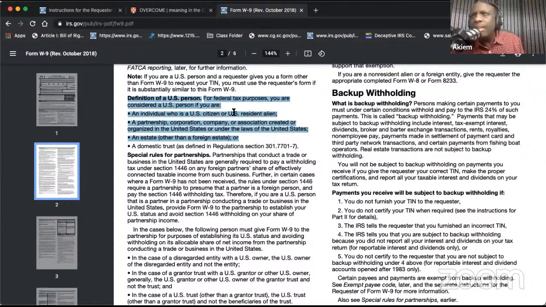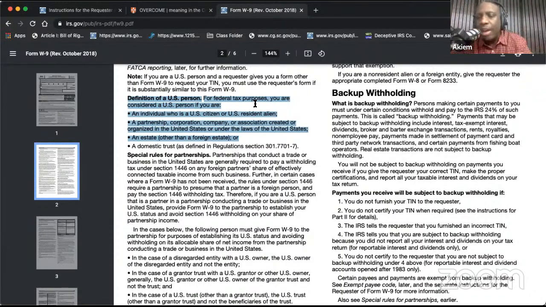So that's the definition according to the IRS rules of a U.S. citizen. Now, when you go to different codes, they'll have another definition for U.S. citizens. Someone who lives in District of Columbia, Puerto Rico, and all these other things. But for the purposes of this section, this form, that's a U.S. person.